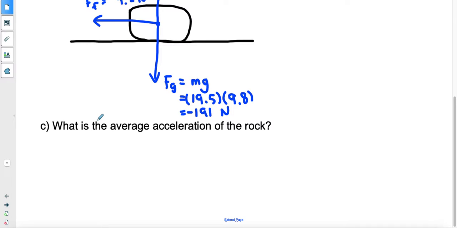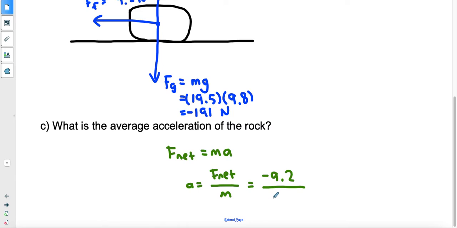Part C, what's the average acceleration of the rock? Well, we know from Newton's second law that the net force is equal to mass times acceleration. If we rearrange this, we can see that the acceleration is equal to the net force divided by the mass. The net force we know is negative 9.2 newtons from part B, and the mass is 19.5 kilograms.